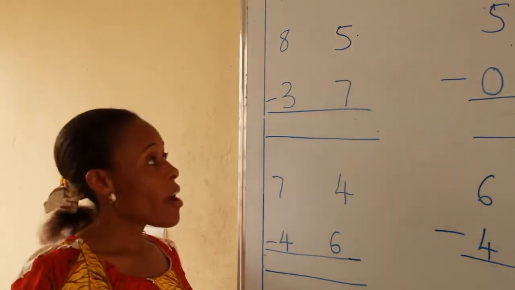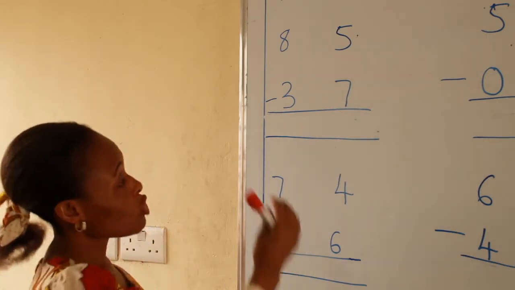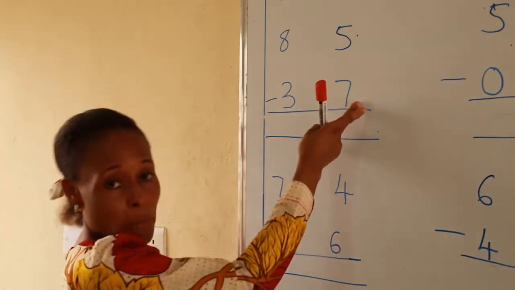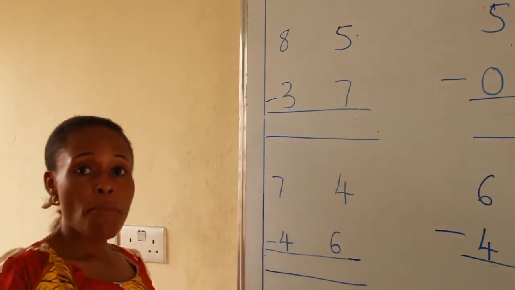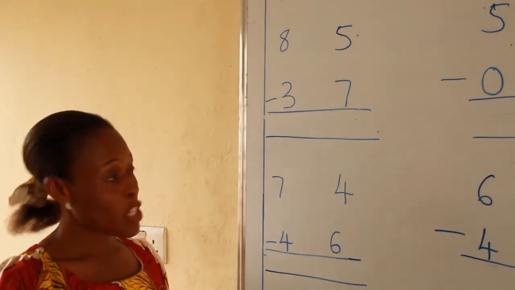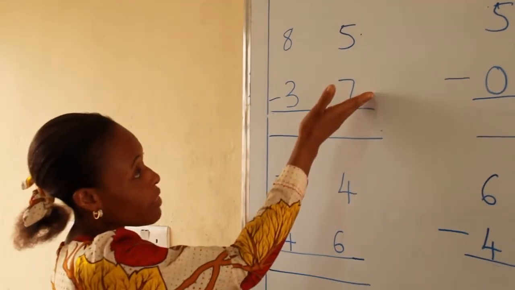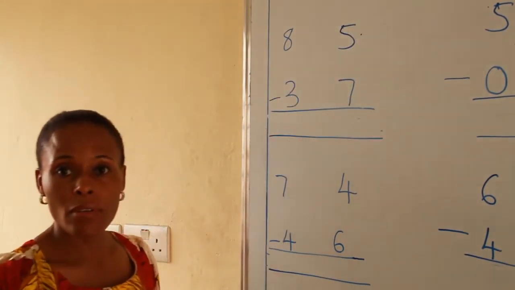When we did a simple subtraction, we were able to subtract smaller numbers from bigger numbers. But today, we are going to learn to subtract the bigger number from the smaller number.